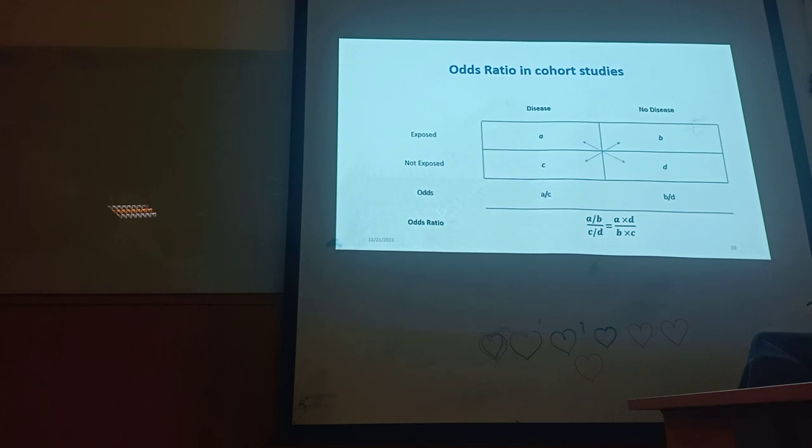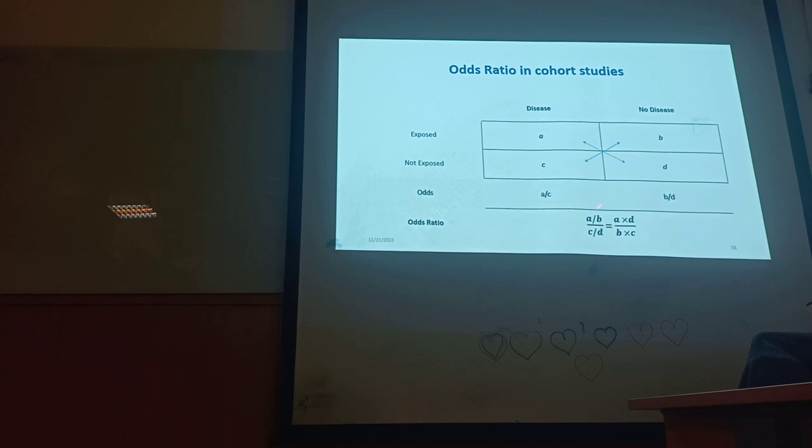Yes. In the order, it shouldn't be like A over B, like the odds column? A over B. You know, in cohort study, you want to know what is the odds of disease in exposed group.